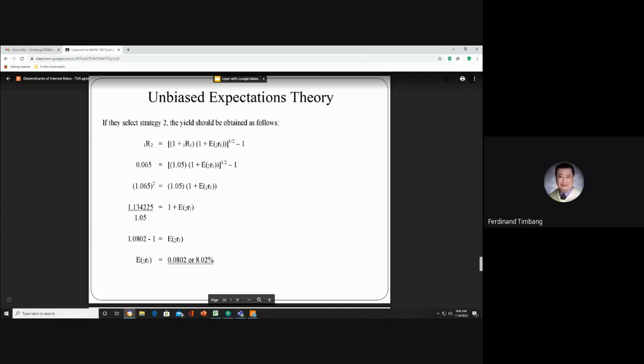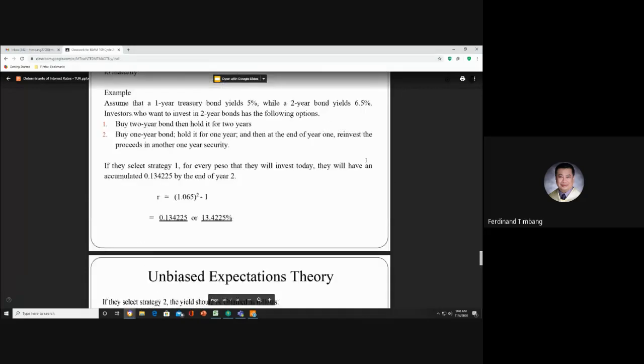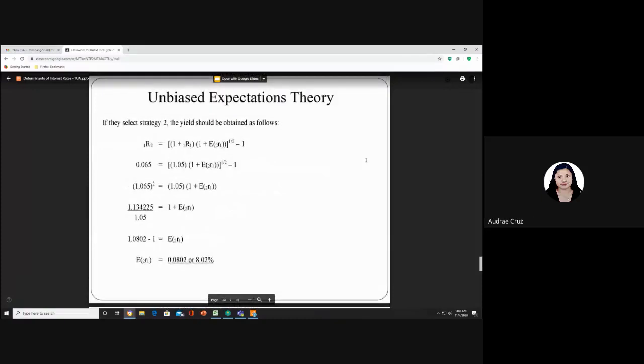Hindi ko naintindihan. Ano ang last part dito? Hindi ko alam. Sabihin nyo, anong part rito? Yung dito, o doon sa kabila? Hindi po, yun lang po.